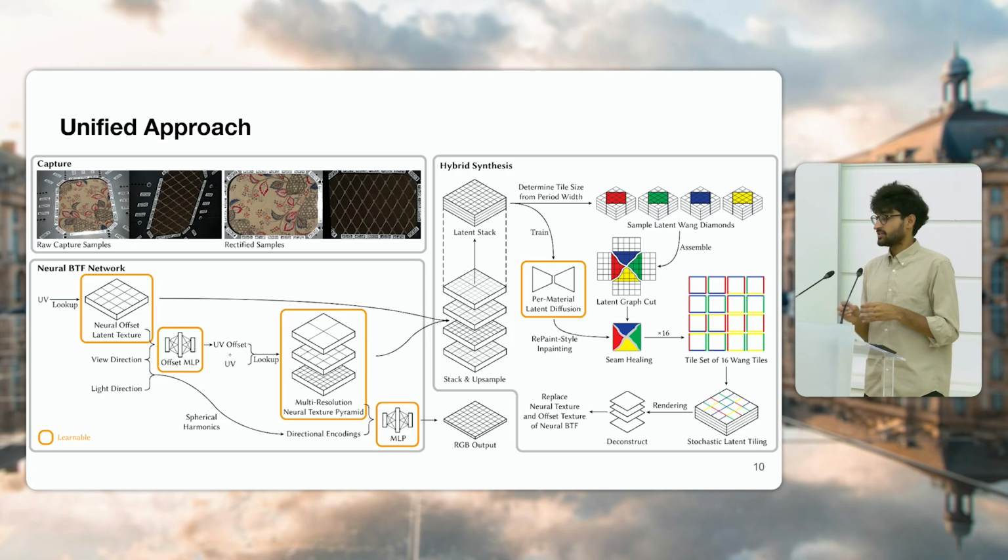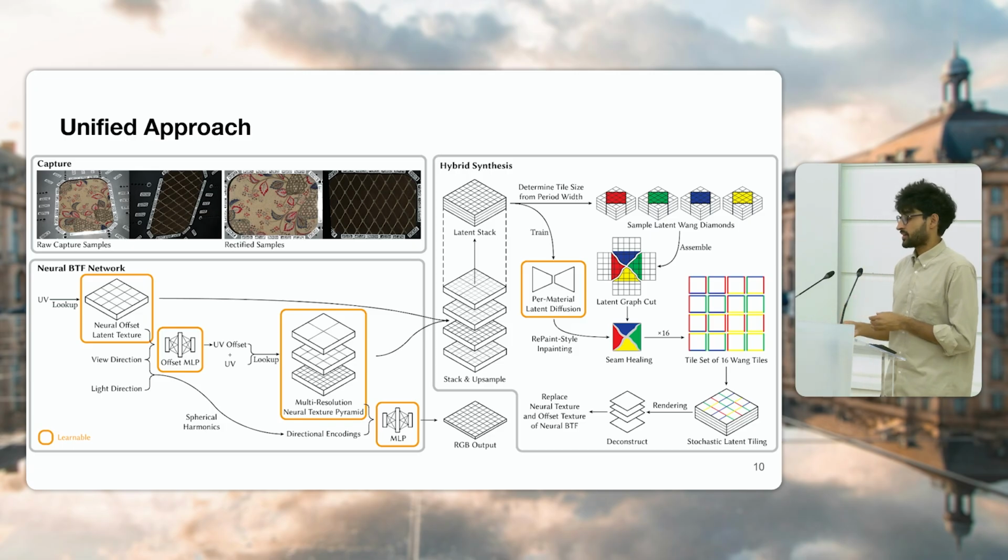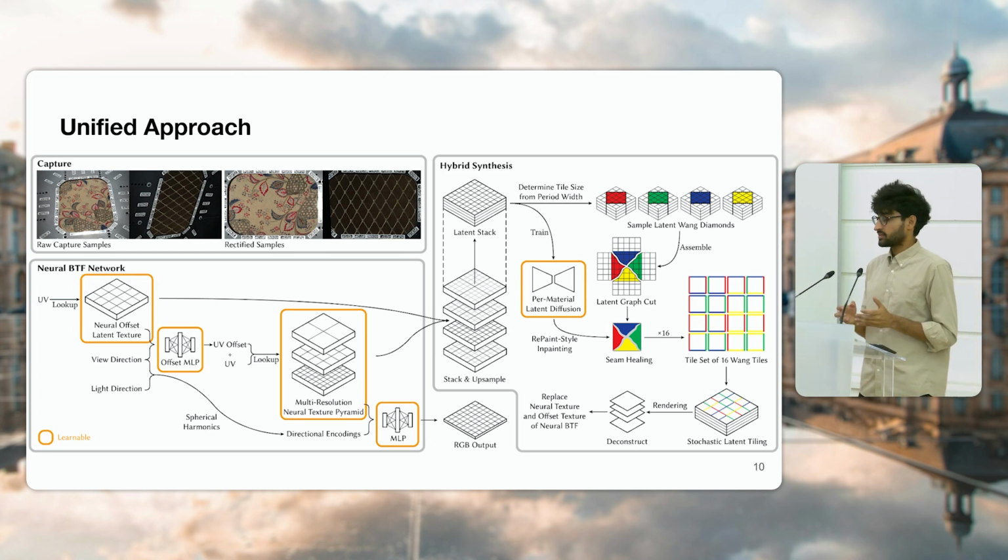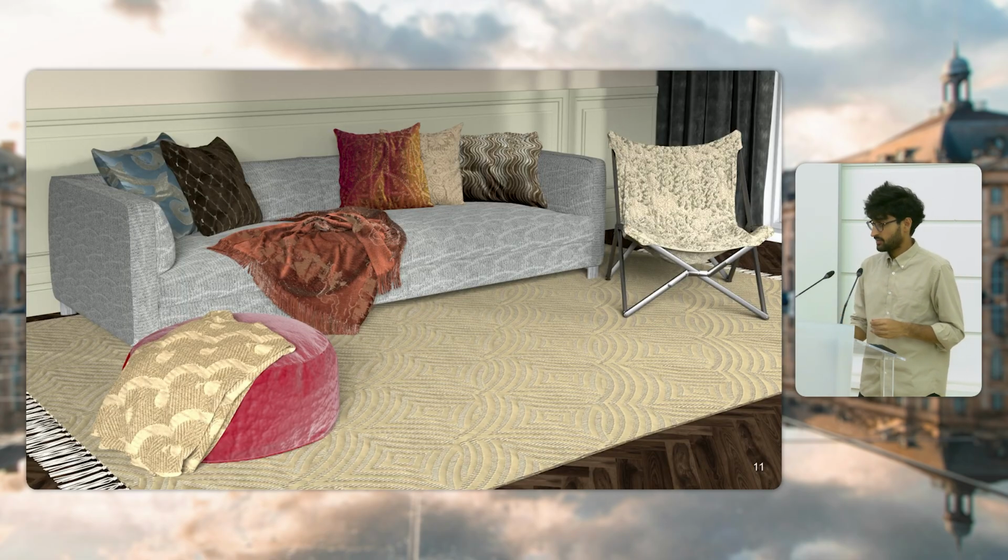Finally, we synthesize new materials directly in the learned latent space of the neural representation. Our hybrid method combines latent Wang tiles and diffusion-based seam healing to produce high-resolution tileable neural material assets. So capture, representation, and synthesis are co-designed to work together in one pipeline.